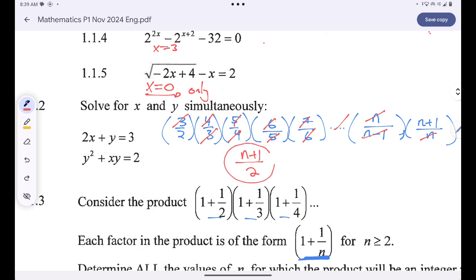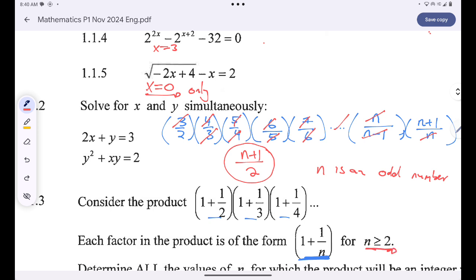How can I make this guy to be an integer? This expression over here will be an integer if and only if n is an odd number. Are you together? If n is an odd number, believe me, this expression will always give us an integer. But there was something that was stipulated there for us.